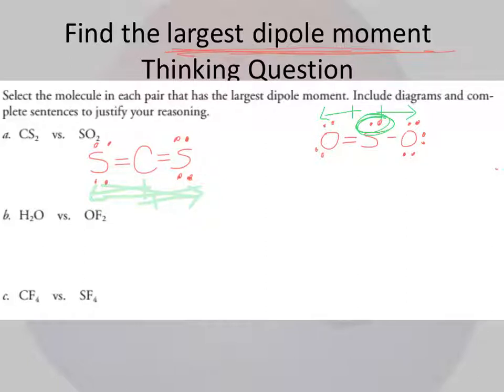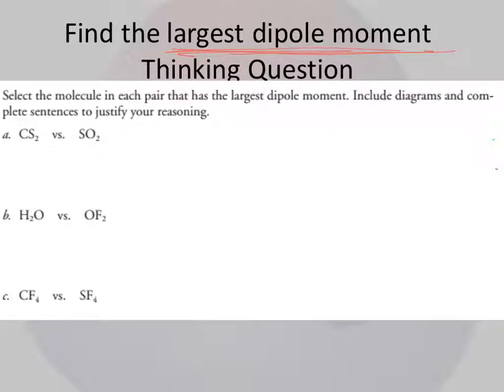Because of this lone pair, this actually is a trigonal shape, so it actually looks something like this in the real world. So because of that, you've got an electronegativity like this, and then this big lone pair gives a big overall dipole that's pulling the whole molecule like that, which means that this one definitely has the larger dipole of the two. So definitely this one on that pair.